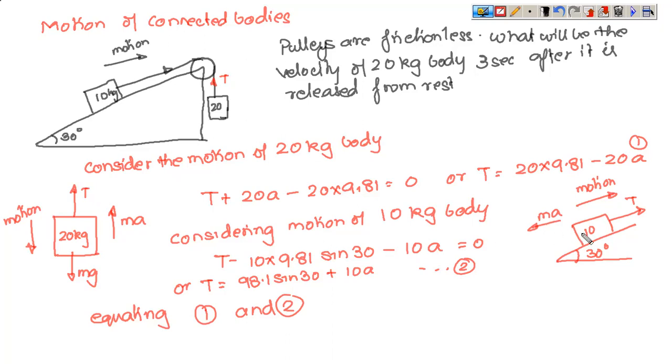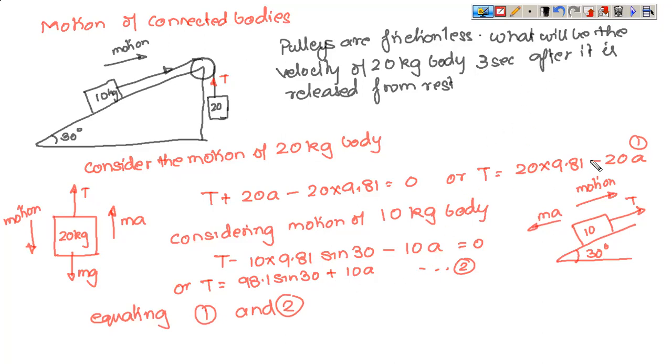Why minus ma? T and ma are acting in opposite directions. So if T has been represented as positive, ma has been represented as negative, according to the resolution of forces. So T now becomes equal to 98.1 sin 30 plus 10a.